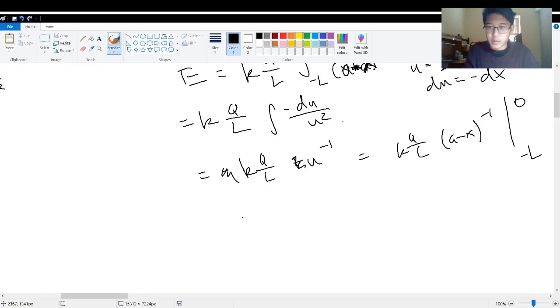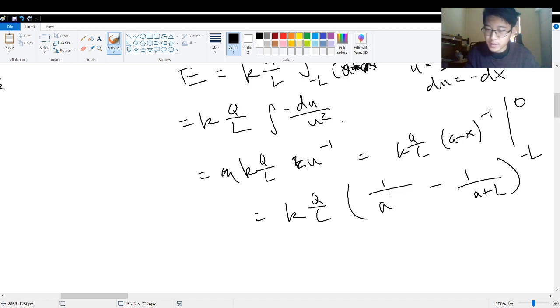So finally now I'm going to plug it in. So this is still kq over L, and then I'm going to first plug in 0, right? So 1 over a minus 0, that's just a, minus 1 over a minus negative L, so that's just a plus L, right?